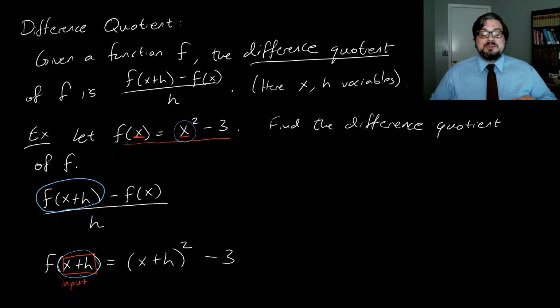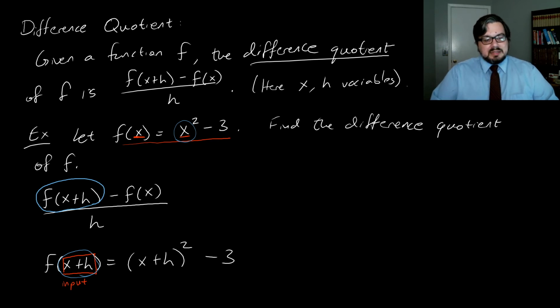And the fact that we're using the same symbol both in the definition of the function and in the input to my new function, f of x plus h here, that makes no difference at all. The x's that we use in the functions are, properly speaking, dummy variables. We could use other variables to do these things, and we'll actually see that in a second when we move on to our other applications.